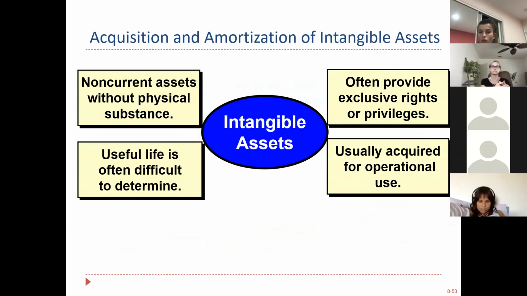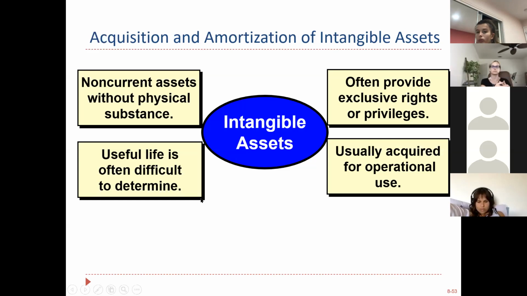Okay. Here is something that's more popular in your chapter. Intangible assets, intangibles. Can't see them. Can't feel them. You know they're there. Non-current assets, no physical substance.